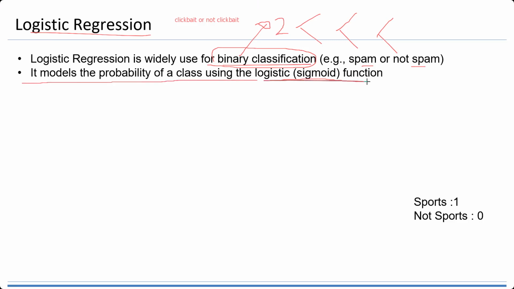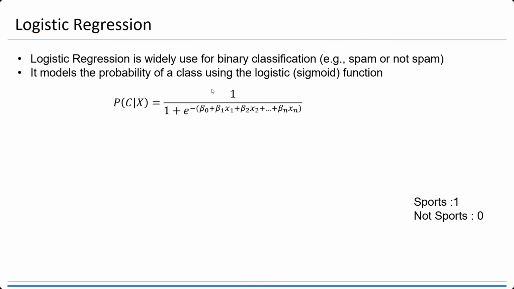the sigmoid function. So what is the sigmoid function? This is the function. So we have the probability of C given X, it is 1 divided by 1 plus e, where e is Euler's number, to the power of this function.